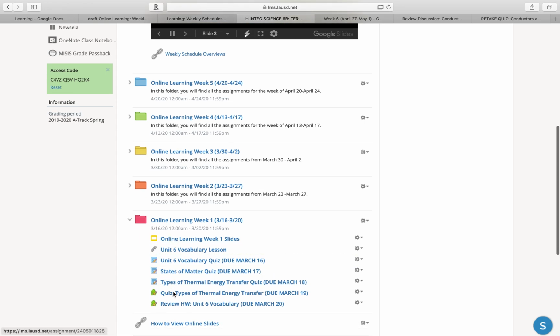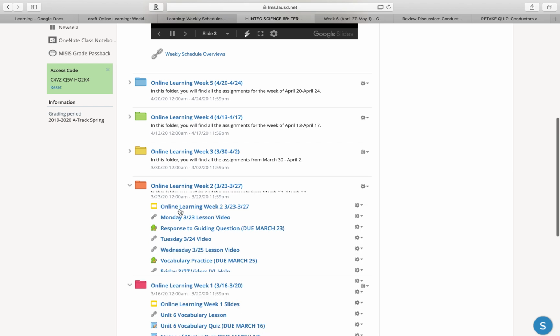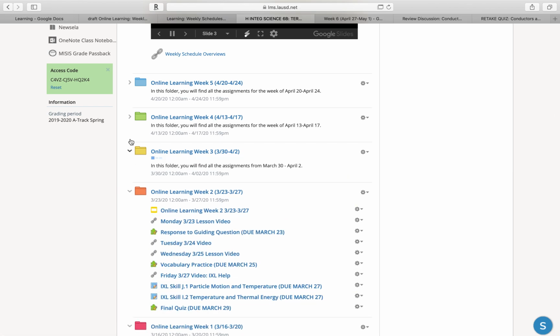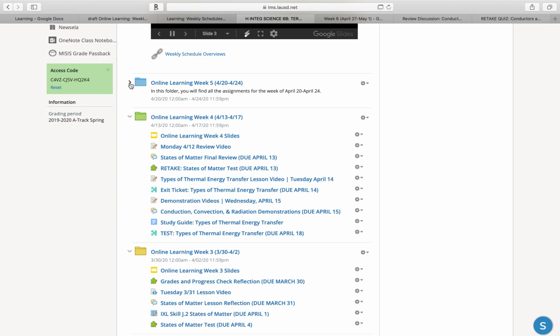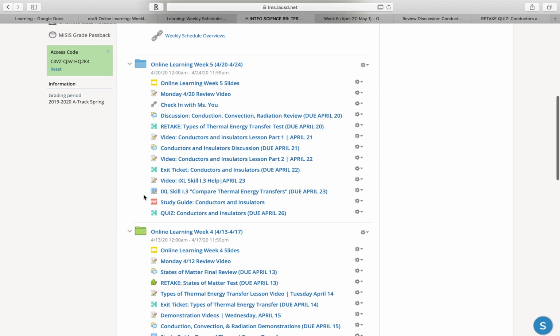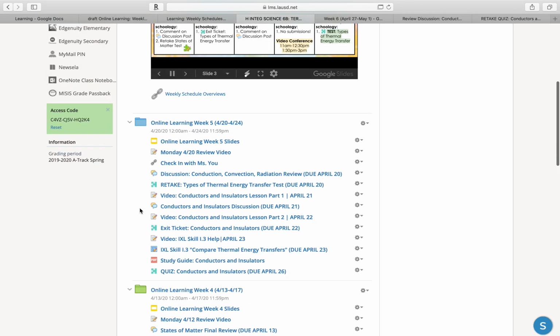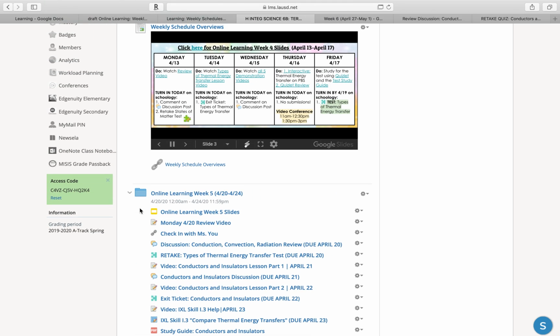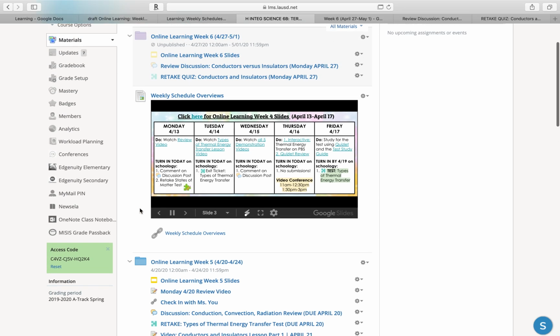It has all the assignments that you need from the previous weeks, and then the orange folder would be next, and then the yellow, green, and then the blue. Please go in that correct order: red, orange, yellow, green, and then blue. If you start from blue first, you might not know what the assignment is about because you didn't learn the lessons from the previous weeks.